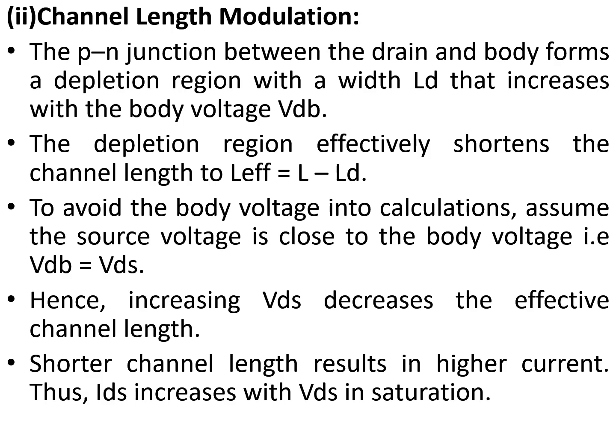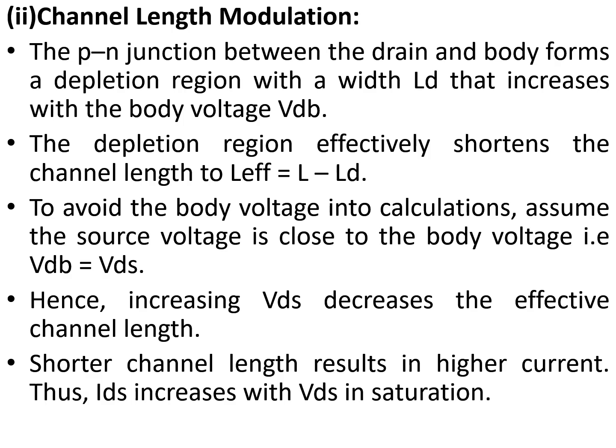Channel length modulation. The PN junction between the drain and the body forms a depletion region with a width LD that will increase with the body voltage, and the depletion region effectively shortens the channel length from L to L effective, where L effective is equal to L minus LD.